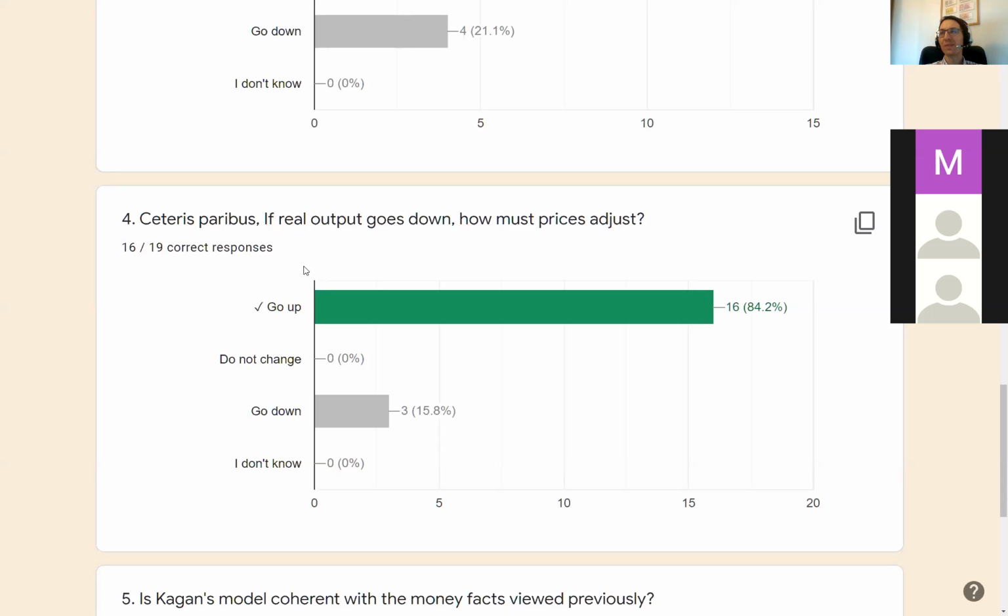Okay, good, go. It's not coherent because in the Kagan model we can have hyperinflation, and we have seen that in Zimbabwe or the Weimar Republic. So you're saying in the Kagan model we cannot have hyperinflation? Yes.